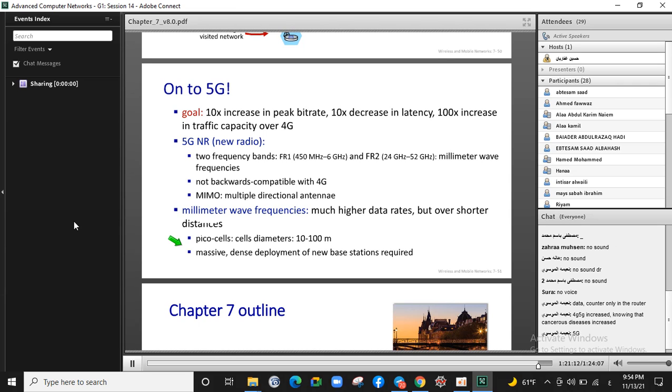And now, in current days, if you search over the internet, you can see some people are looking for the 6th generation of cellular networks. That is interesting. We are still standing in the first steps of 5G technology, but some people are looking for the 6th generation.